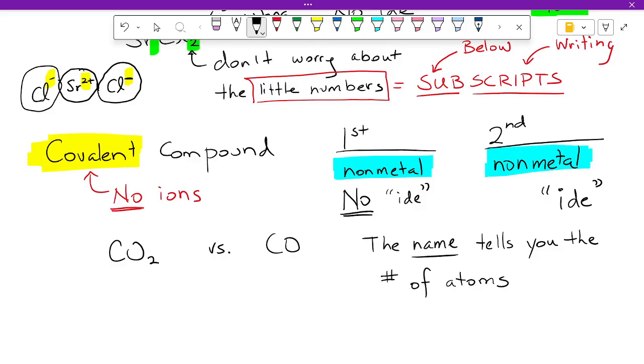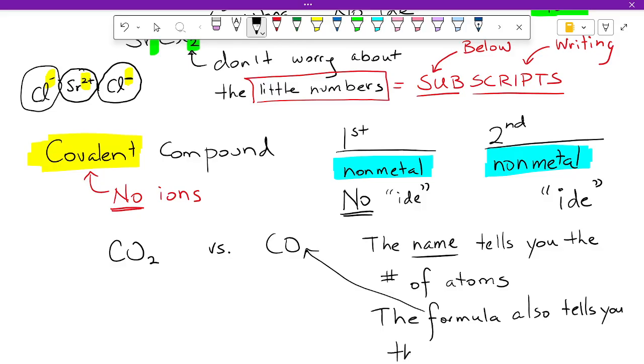The formula also tells you the number of atoms. And these are formulas, okay.